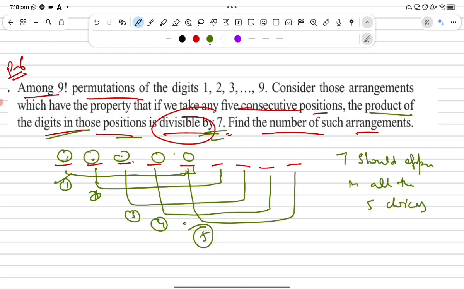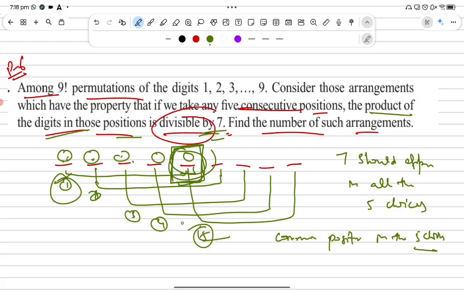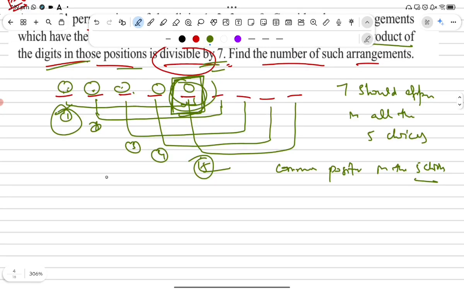So we'll have to find a common position in the 5 choices. Why? Because we'll place 7 exactly there. And then when we multiply all those numbers, we'll have the product as a multiple of 7. If you observe, this is the common position. This appears in all 5 choices. For the first one, it ends with this position. For the fifth one, it begins with this position. Right? So we'll place 7 at the 5th position.